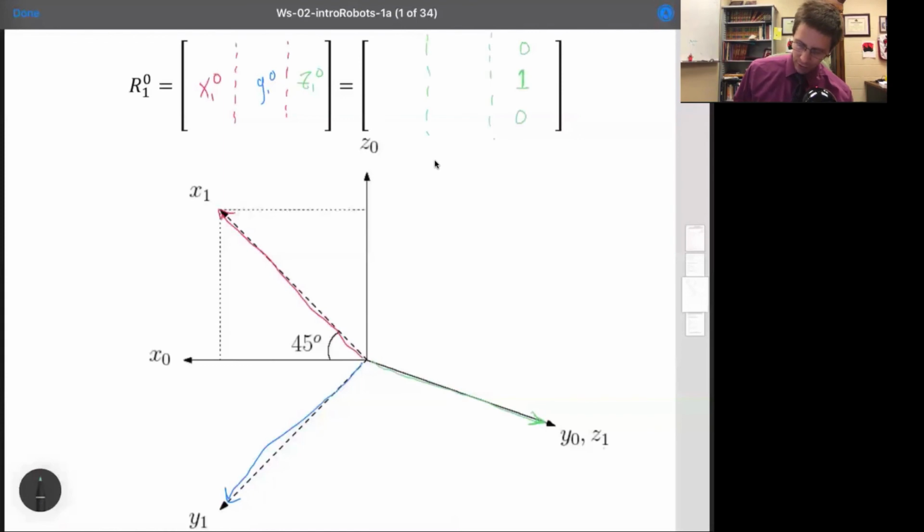So now we have to figure out, well, what can these other ones be? We've been given a hint here, because we're told that this x1 is going to have components in x0 and z0. And so this x1 is going to have something in x and z. It'll have something 0 here. In fact, since we know that this row is going to be unit magnitude, we can put zeros through there.